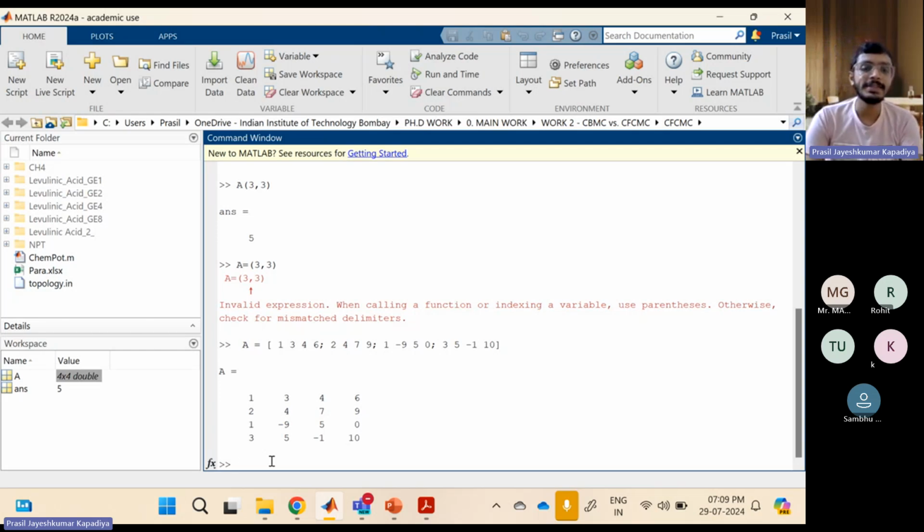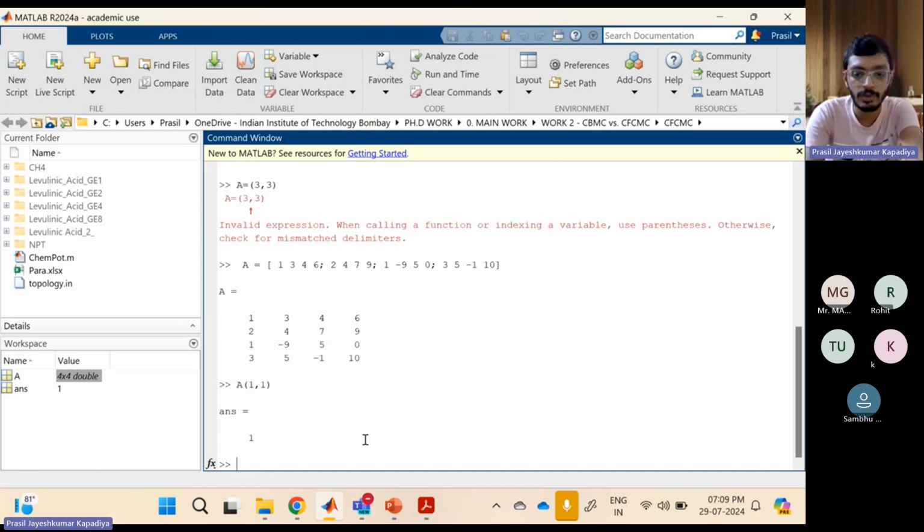Okay, let me tell you one thing. Let's say I want all diagonal elements. So what will be diagonal elements? First row, first column, second row, second column, third row, third column, fourth row, fourth column. So how can I get diagonal elements? I will write A 1 comma 1. So that is 1.